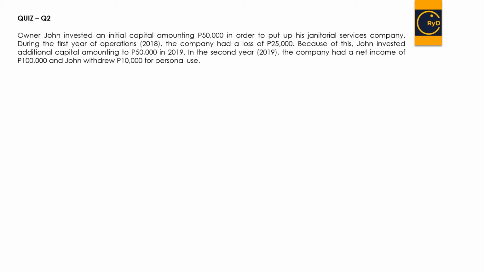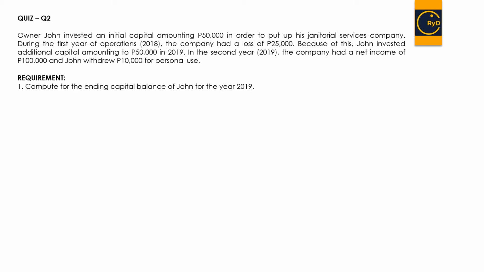In the second year, that's the year 2019, the company had a net income of 100,000 and John withdrew 10,000 for personal use. So the requirement is to compute for the ending capital balance of John for the year 2019.